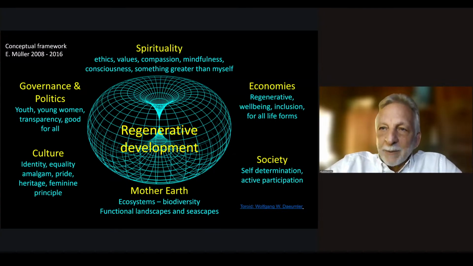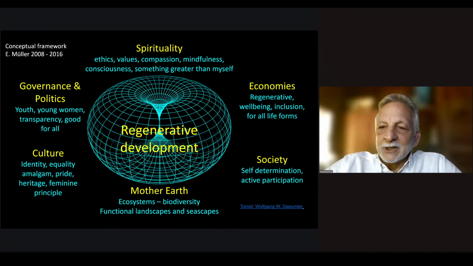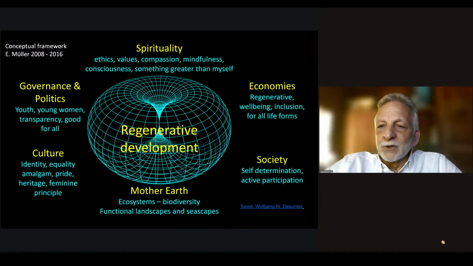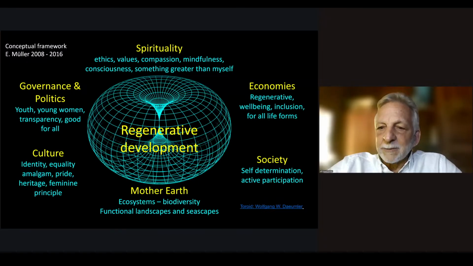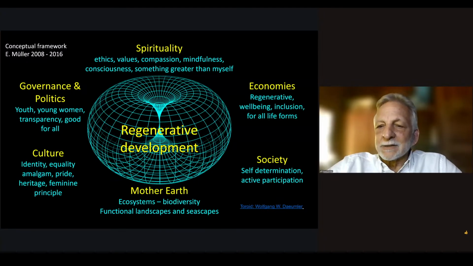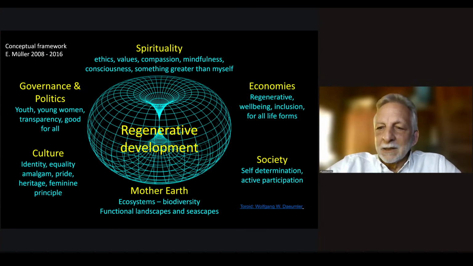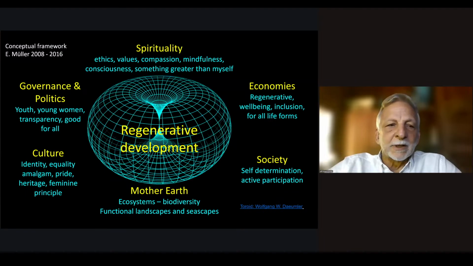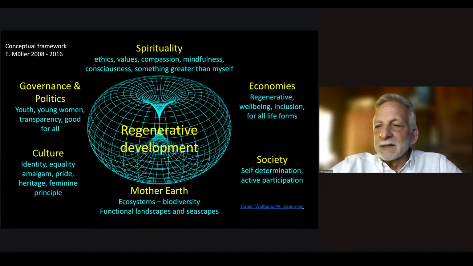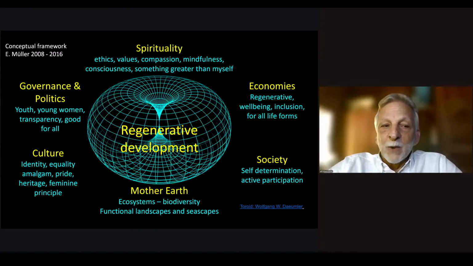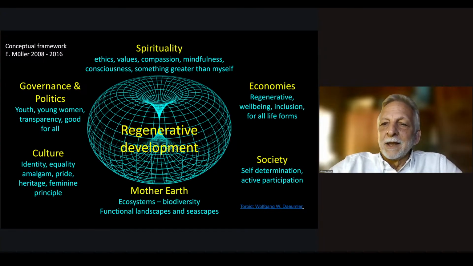In this country where I am, our democracy is in danger. Our current president is a mini Trump, and he has defunded culture, education, and environment to create chaos, to be able to get the party reelected. So governance and politics have to be regenerated too. And we need young women in there.